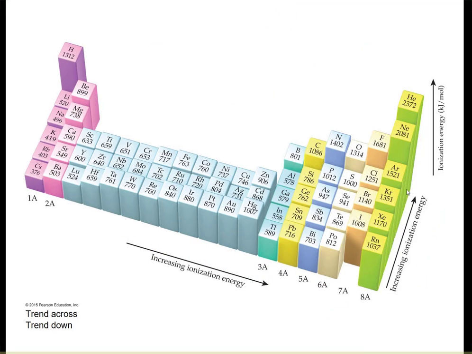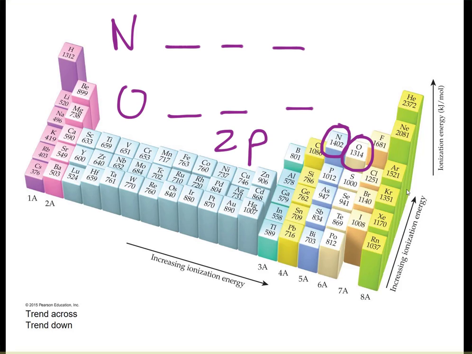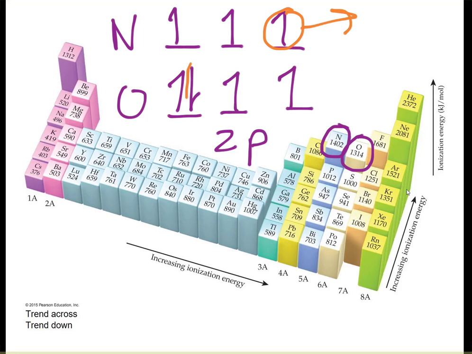Another situation that is a little bit unusual is between nitrogen and oxygen. And again, I can use orbital diagrams to show what's going on here. Nitrogen and oxygen, they both have a 2p sublevel. Nitrogen has 1 electron in each of those orbitals, and oxygen has 4 2p electrons, so it looks like this. So we are comparing removing this electron to removing this electron. And we see that removing this electron for oxygen is a little bit lower.